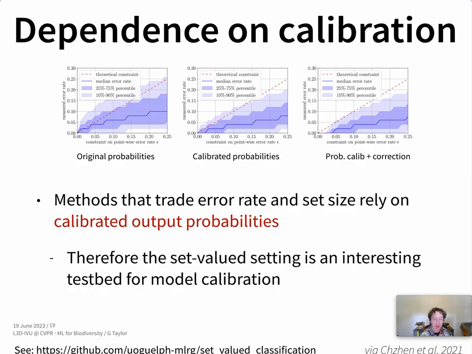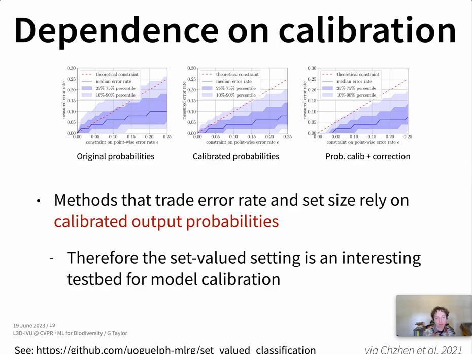And as we can see in these plots from that survey paper, if the method were to achieve this kind of safety guarantee, where we have a theoretical constraint on the point-wise error rate, and then we actually measure the error rate that we achieve, we would be tracking this red line. When we use the original probabilities from a classifier that hasn't been calibrated, the median is well below the point-wise error rate, but the error bars, particularly the 10 to 90th percentile, exceed the theoretical constraint.